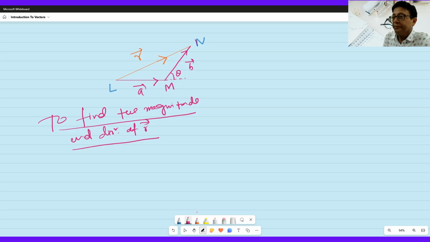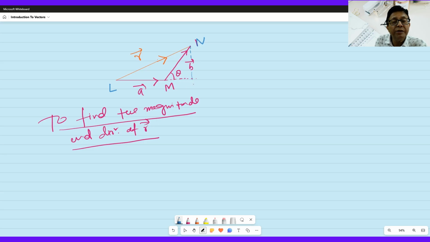Let me explain. So this is the triangle. We have to use some trigonometric method to get it. That we are going to do. So what we'll do here, we'll produce this in the forward direction. We will draw a perpendicular from the point N to the produced part of LM.